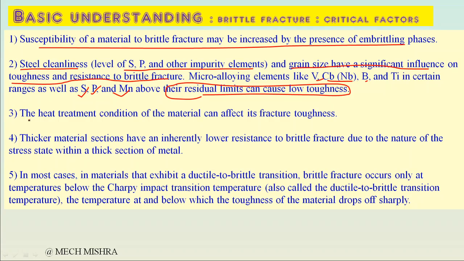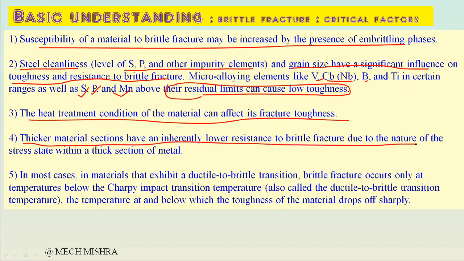Then the heat treatment condition of the material can affect its fracture toughness. Thicker material sections have inherently lower resistance to brittle fracture. So thick material will fail first by brittle fracture.